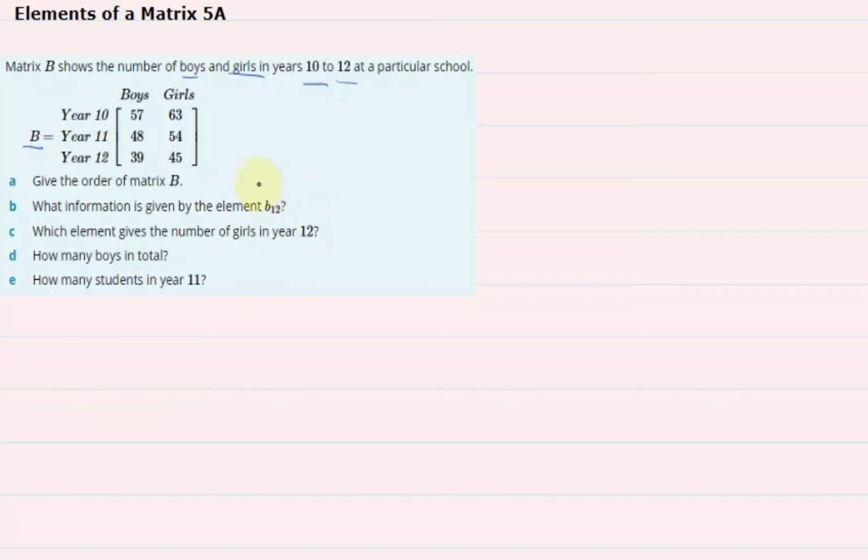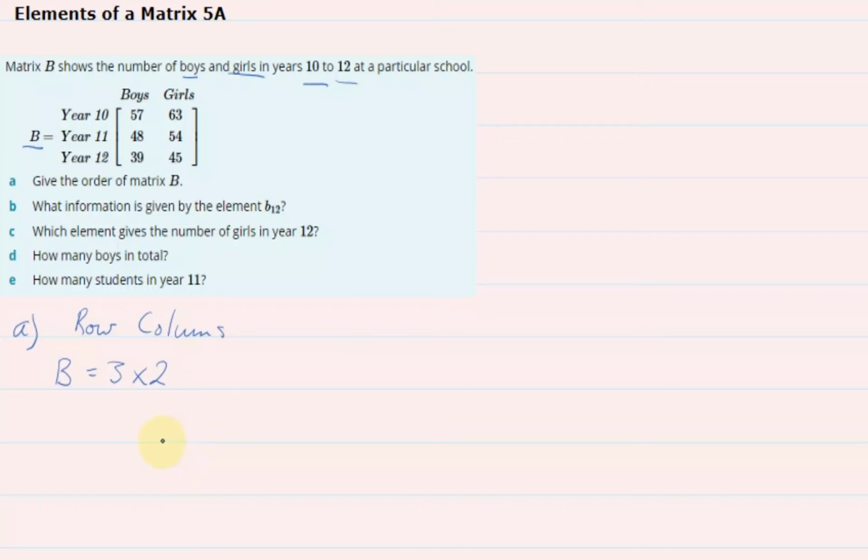The first thing it's asking us to do is give the order of matrix B. The order of any matrix is simply the number of rows by the number of columns. Matrix B's order would equal, we can see there are 3 rows, 1, 2, 3, and 2 columns, so it is a 3 by 2 matrix.